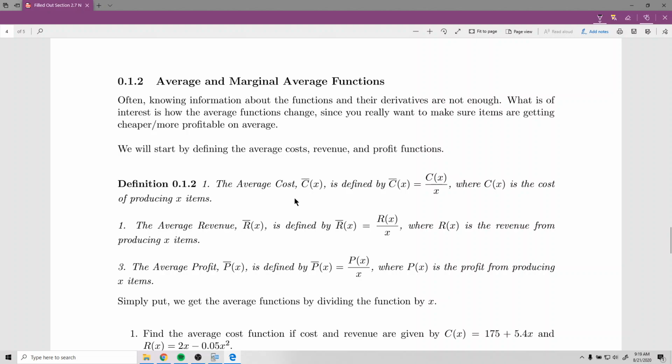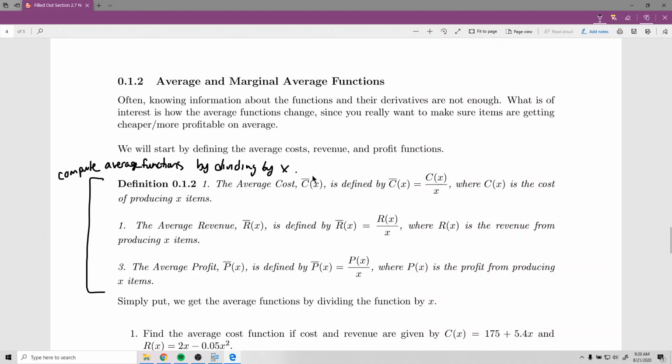So the way we compute average functions is we divide them by x. Right?